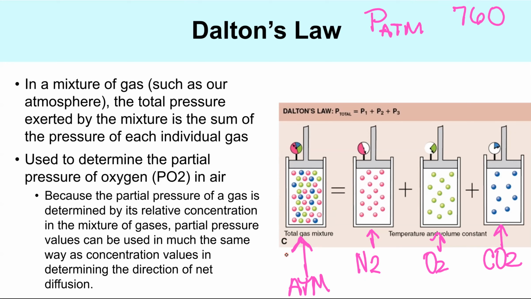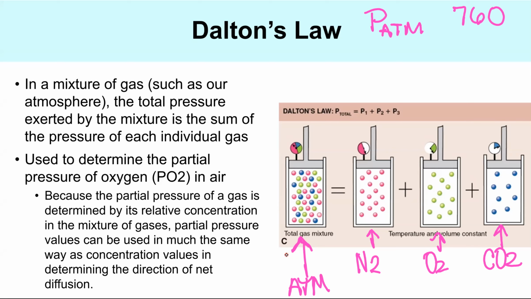The reason that this is important is because we can use this idea to essentially determine the concentration or pressure of oxygen itself within the air that we're breathing in, and then also within the blood, in terms of how much is actually getting into the bloodstream from the air that we're breathing in.